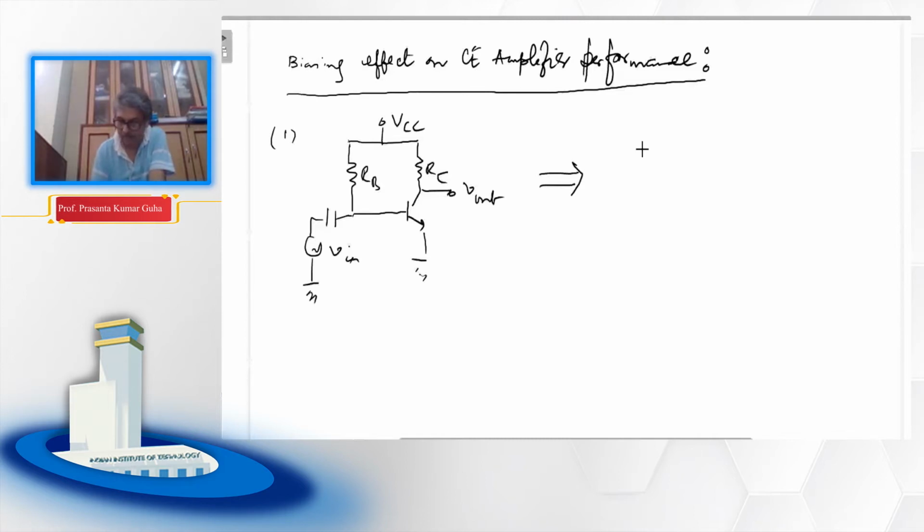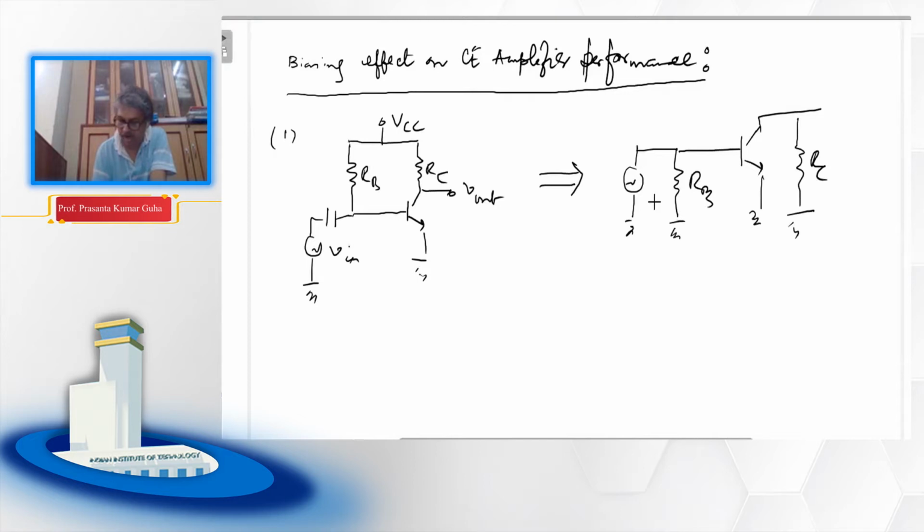So this RB will effectively come here, and then you can easily find out the gain. So that is what we did yesterday. RB effectively becomes between base and ground. So you see RB is not attenuating the input signal, so it doesn't have effect on the gain of the circuit.